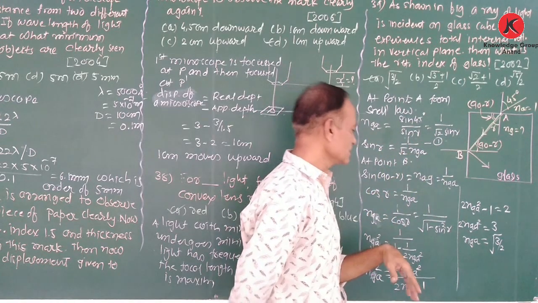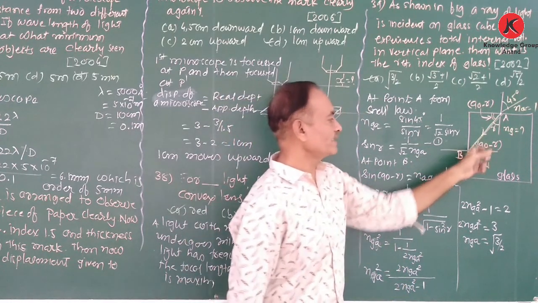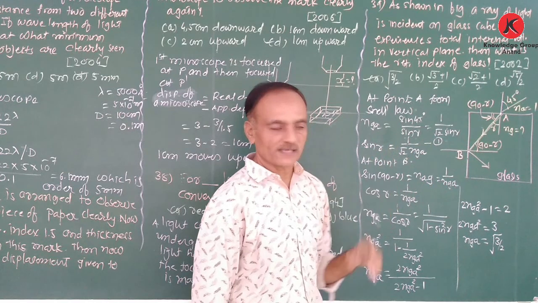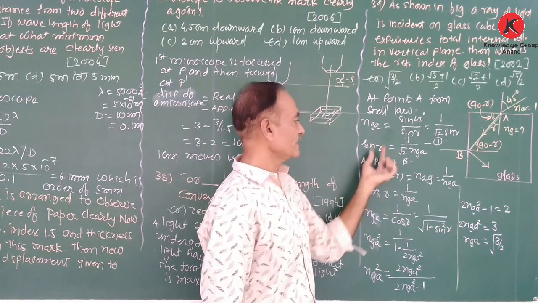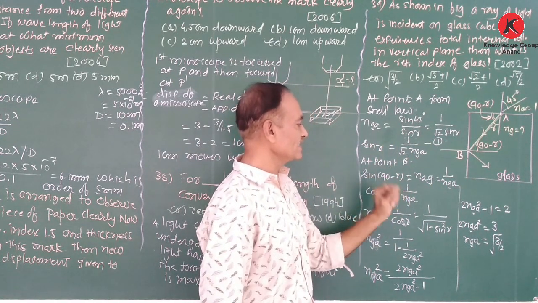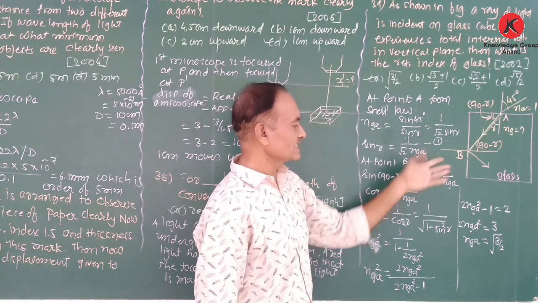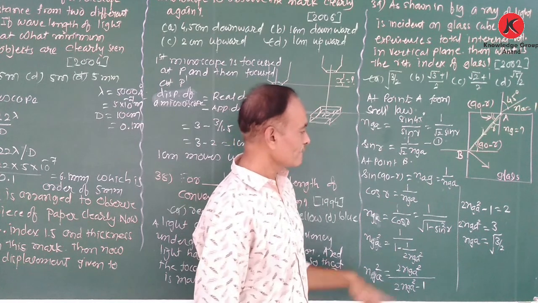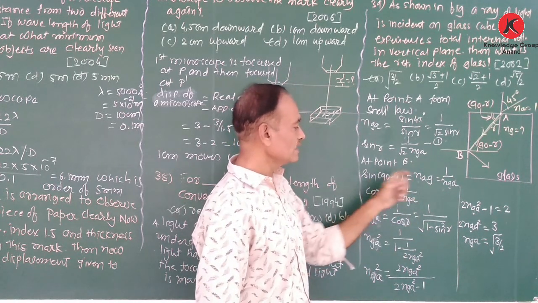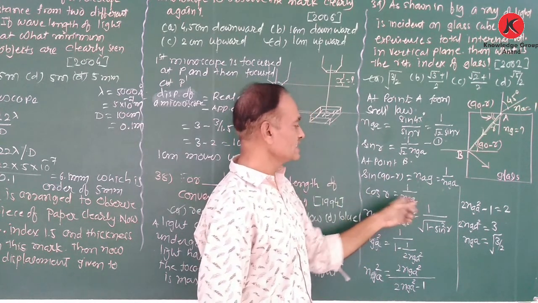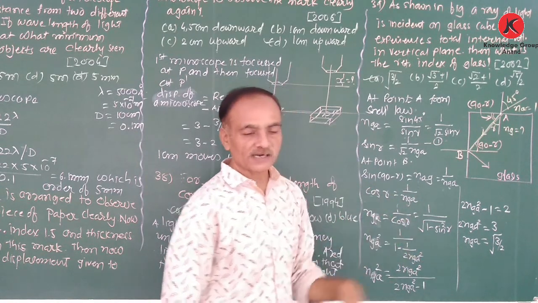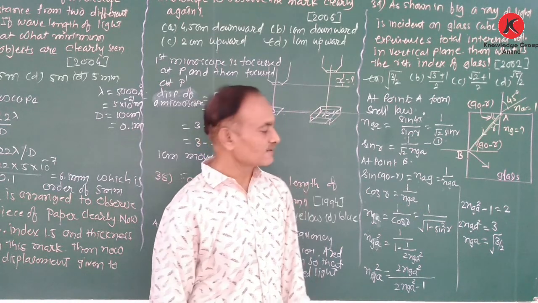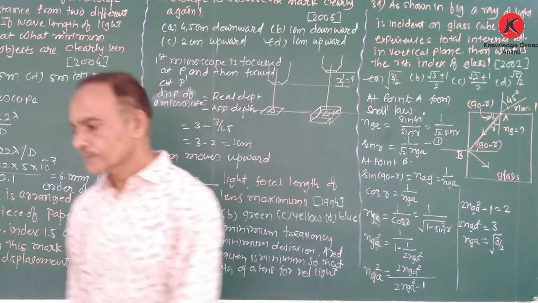Now, at point B, the ray undergoes total internal reflection. In the same way, sin of 90 minus r is equal to NAG. Taking the denominator as NGA, we get cos r equal to 1 upon NGA. Convert the cos into sine and simplify it, and we obtain NGA is equal to root 3 by 2.